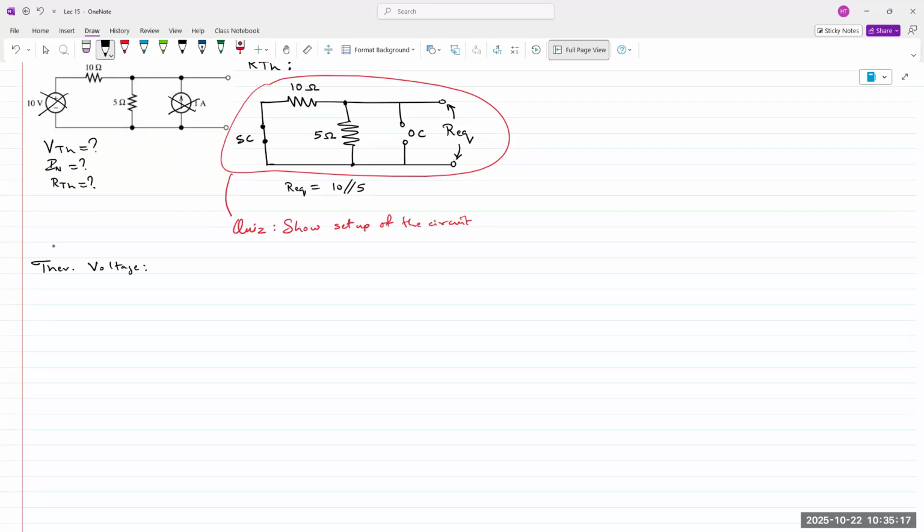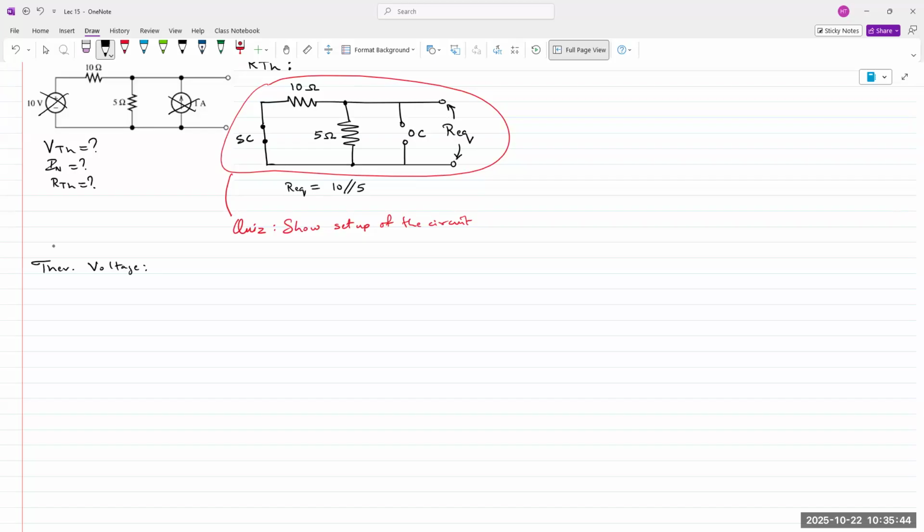The answer is no. If you're trying to find voltage, just thinking logically, the circuit setup for RTH does not have any sources. It only has resistors. There is no energy source. If there is no energy source, there could not possibly be any voltage or current flowing in that circuit. Okay. So each circuit setup is independent of the other two.